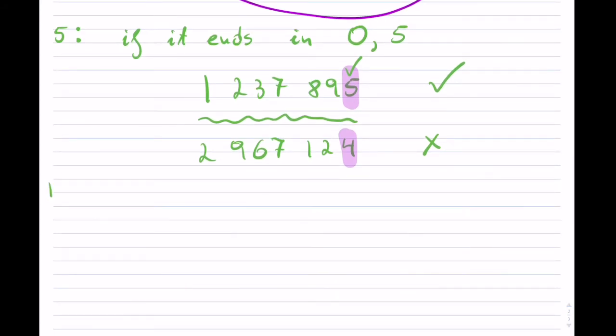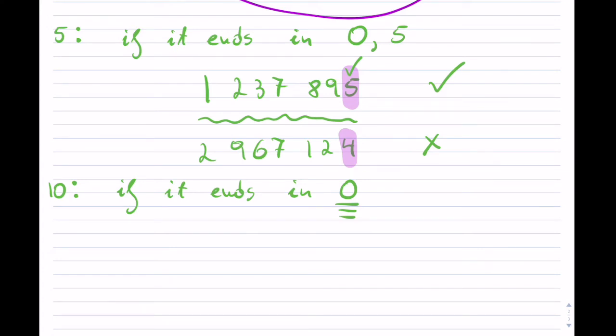The last case, divisibility by 10, is even easier because here all we have to check is if the last digit is a 0. If it is a 0, then the number is divisible by 10.